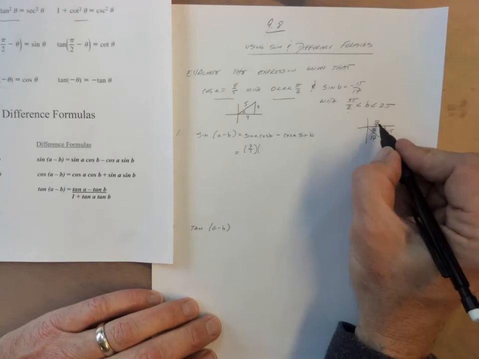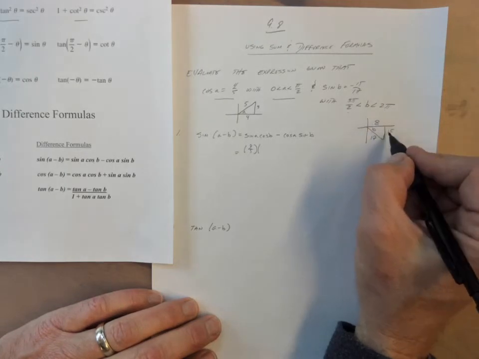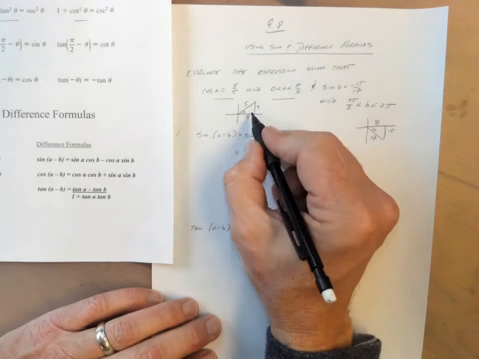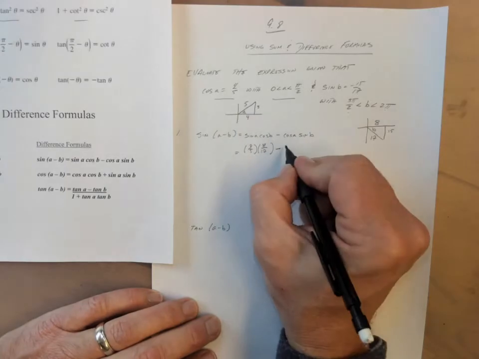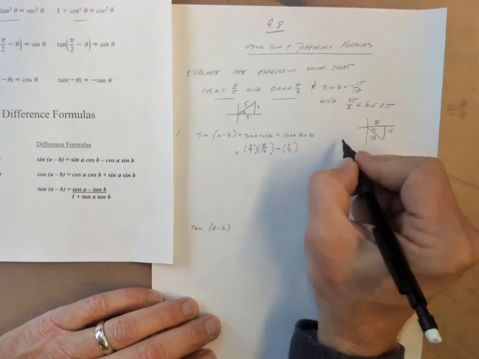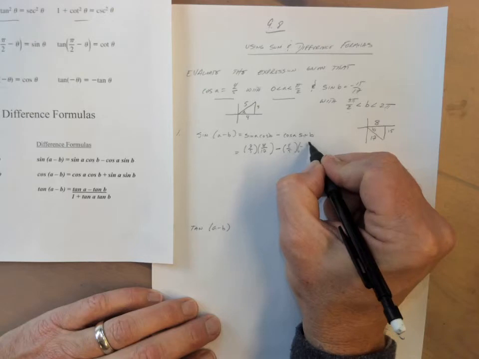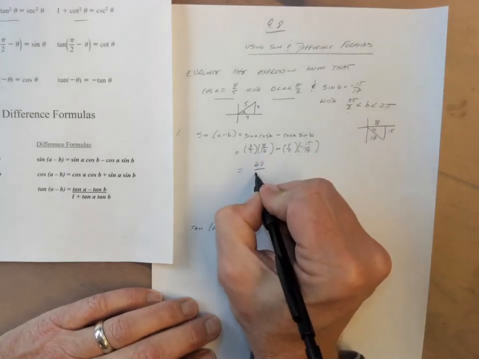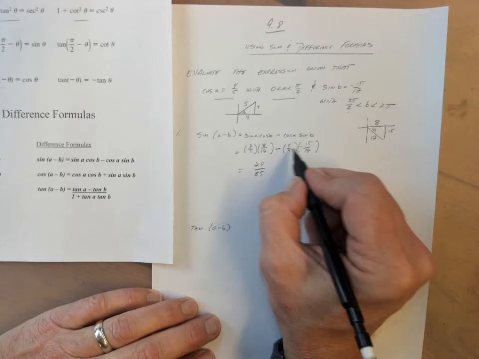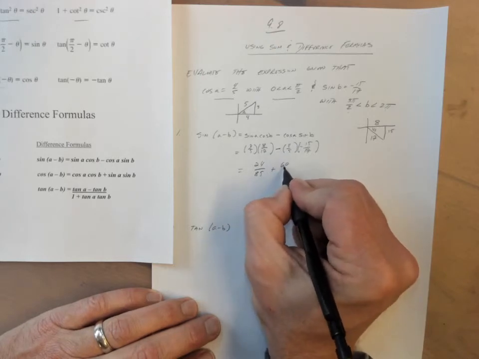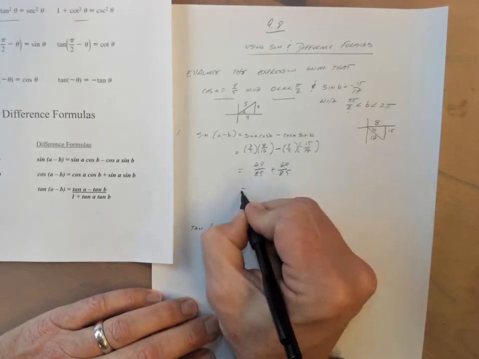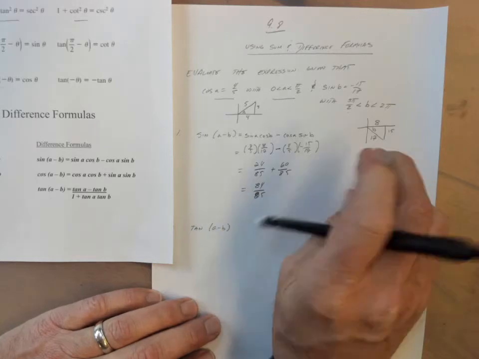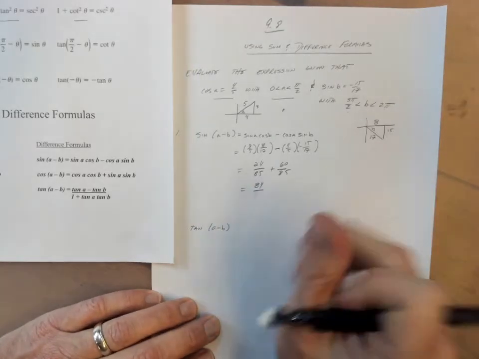Cosine B, so we have adjacent over hypotenuse, minus cosine A, which is 4/5, times sine B, which is negative 15 over 17. So we get 24 over 85, minus a minus, that becomes plus. That's 60 over 85. So there's our exact value.